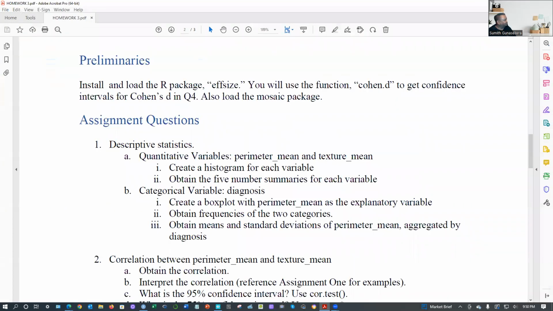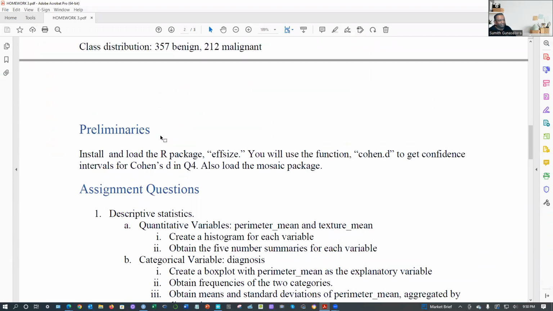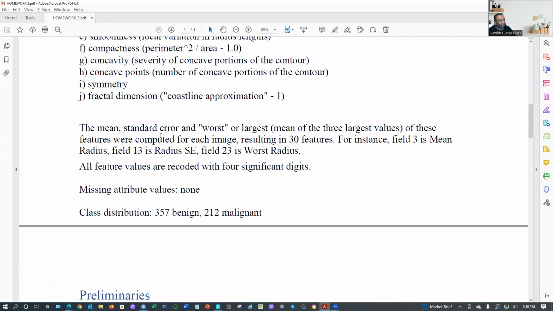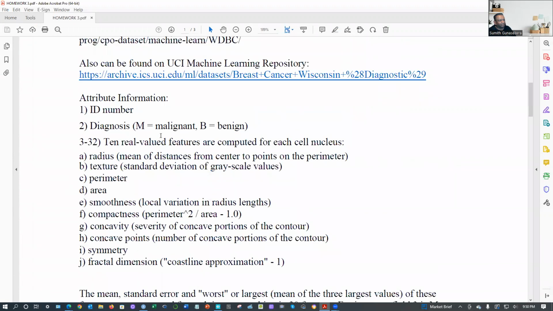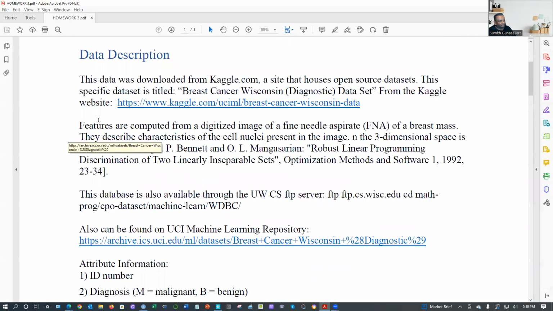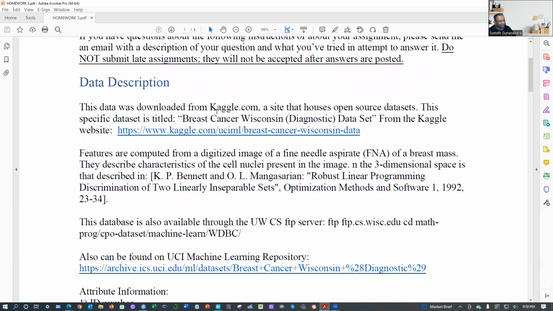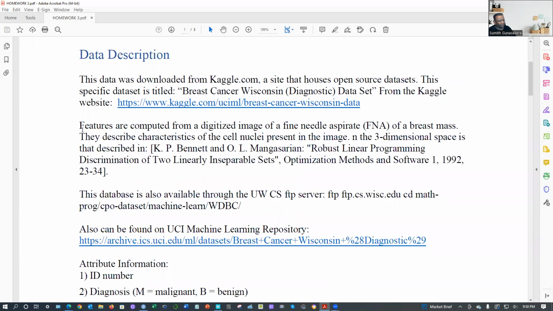This is the data set related to this one. This data was downloaded from the kaggle.com site, which is an open database. This specific data set is the Breast Cancer Wisconsin Diagnostic data set from the Kaggle website.